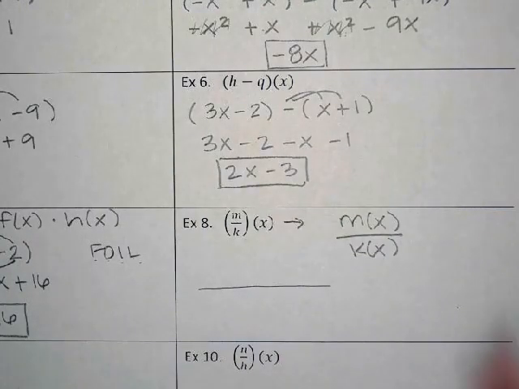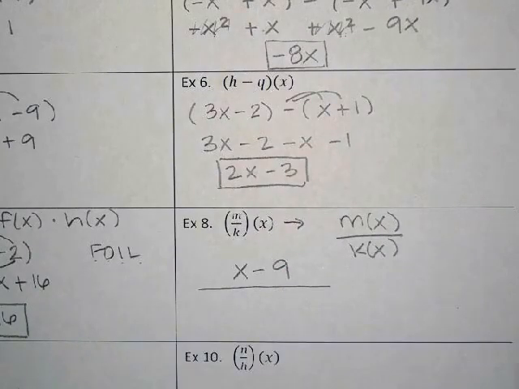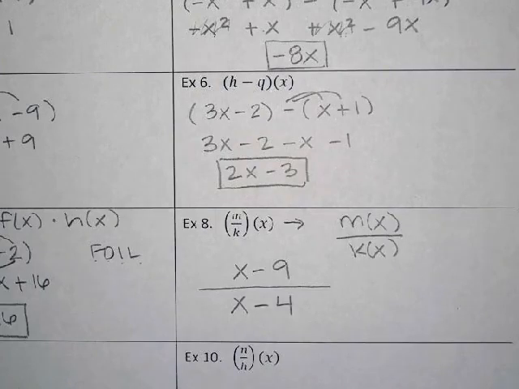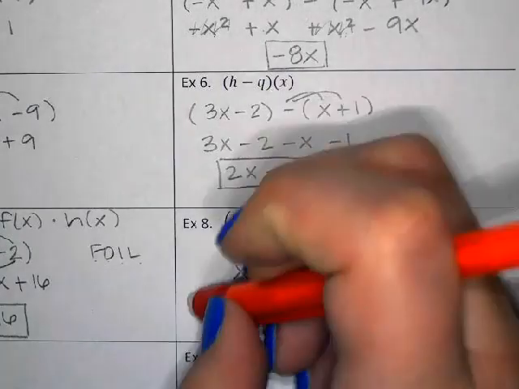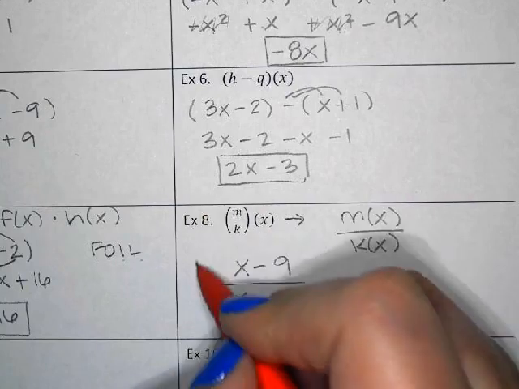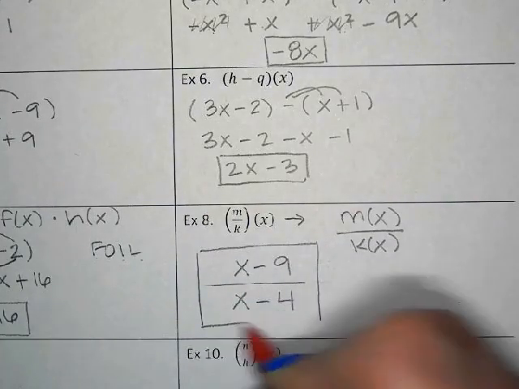K of x goes on bottom, x minus 4, and we are finished. That one's done. Made my line kind of long. Okay, so this one's all finished. That one's nice. All right, next one, Q times M.